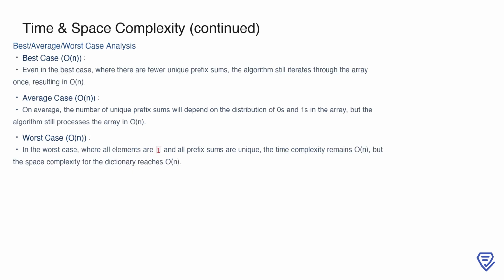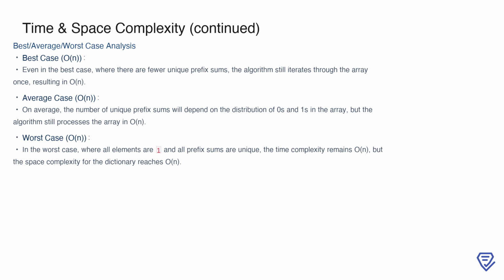Let's break down the best, average, and worst case scenarios for the algorithm. In the best case, even if the number of unique prefix sums is minimal, the algorithm still has to iterate through the entire array once, so the time complexity remains O(n). In the average case, the distribution of zeros and ones in the array determines the number of unique prefix sums, but the algorithm's efficiency is unaffected since it still processes the array with O(1) operations per element, keeping the time complexity at O(n).